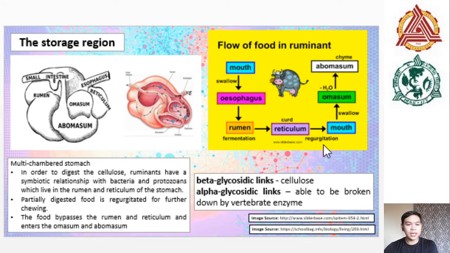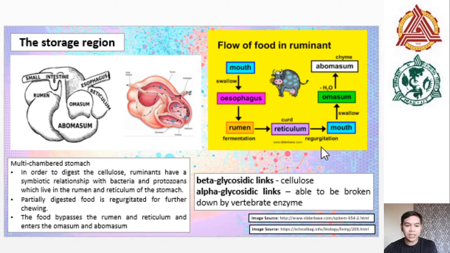In order to digest the cellulose in their diet, ruminants have evolved a symbiotic relationship with bacteria and protozoans in their rumen and reticulum. These microorganisms are able to break beta-glycosidic bonds. Microorganisms that reside in the rumen and reticulum digest the cellulose that the animal initially eats.